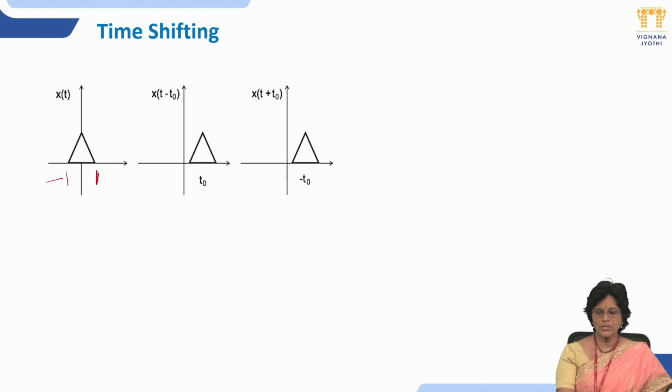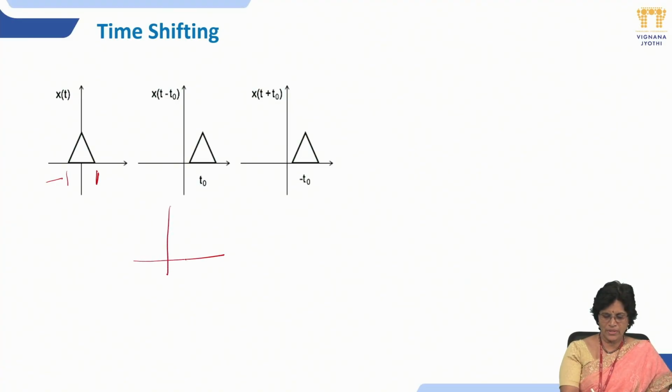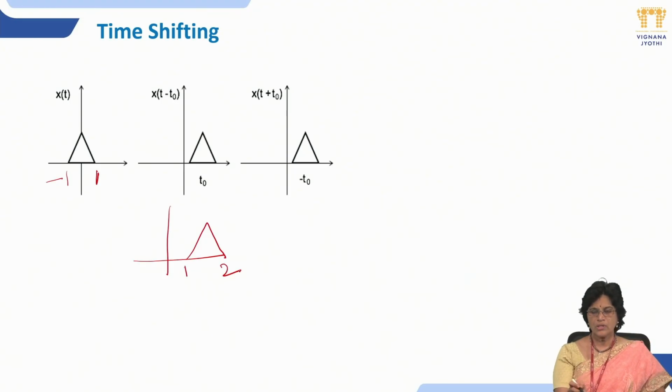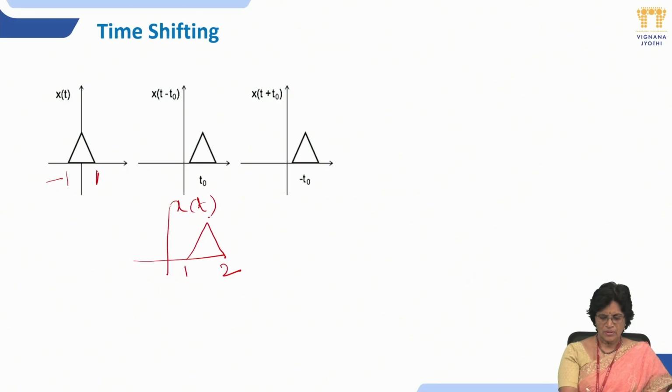You may get a doubt about this, so consider one signal. In one case, I have a signal from 1 to 2, some signal x of t. Next I want to shift this signal by x of t plus 0.5.